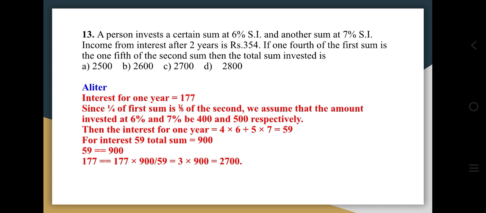If we cancel 59 with 177, 3 times 59 is 177. So it is 3 into 900, that is 2700. So the total sum invested is 2700.